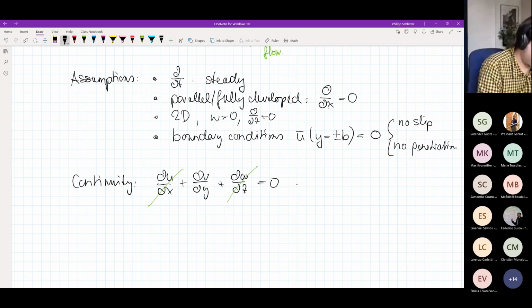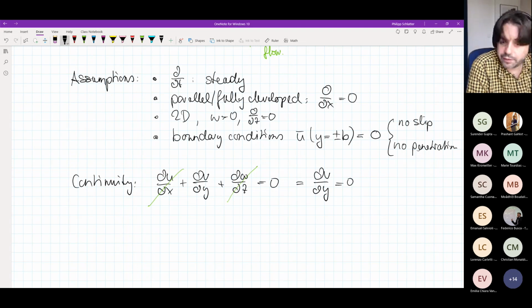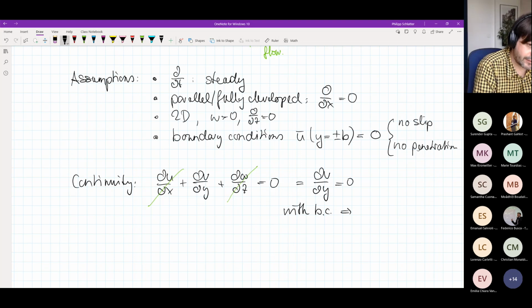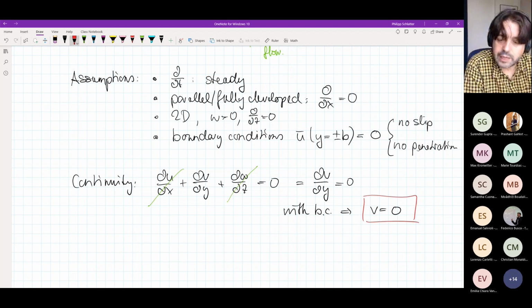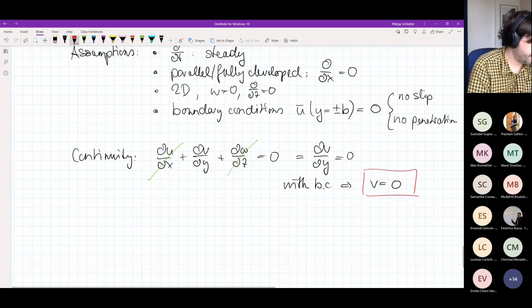What remains is, as in the case of Couette, dv/dy is 0. This is something that we can integrate once in space, and then together with the no-slip boundary condition, we get that v is 0, as before in Couette. So that's already the first result that we have.